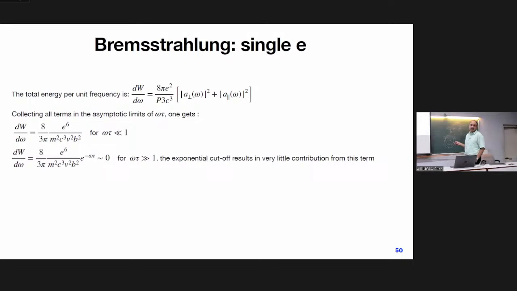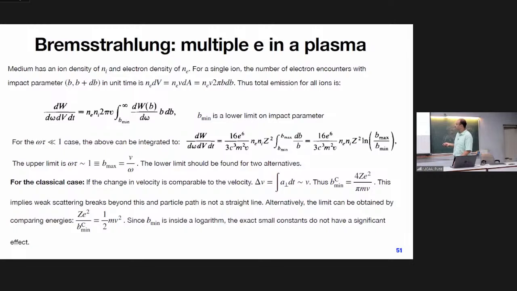So you naturally get an upper limit on b. So omega b by v, write it down. This is the maximum b that we can get, beyond which we will not get any emission. So we have an upper limit already.